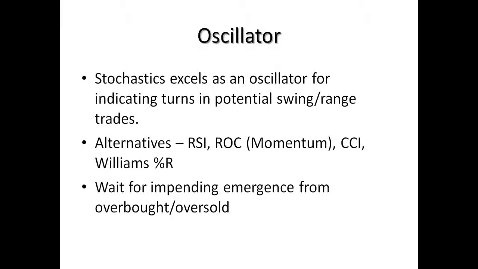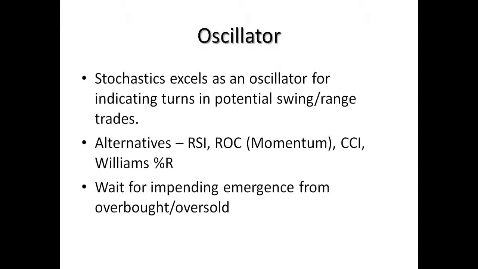Same thing on the bottom near support. If you have a support level, and the oscillator is already in oversold below 20 and it crosses above the 20 area, that for me is just yet another confirmation that perhaps price is turning near support. Okay, so very, very important there. So I'm looking for an emergence from overbought or oversold, not an entry into overbought or oversold.